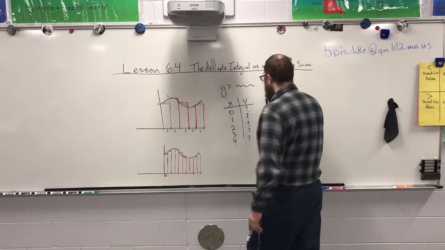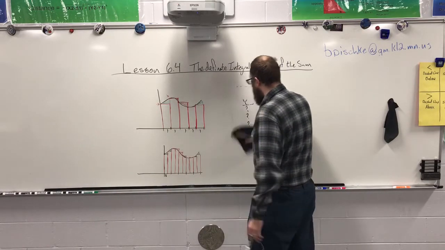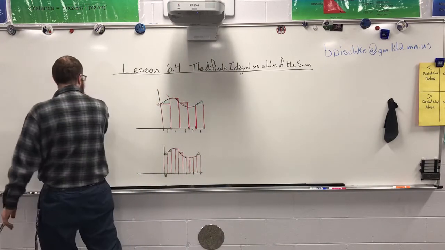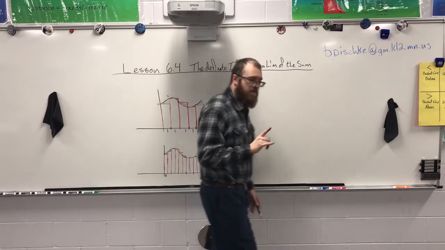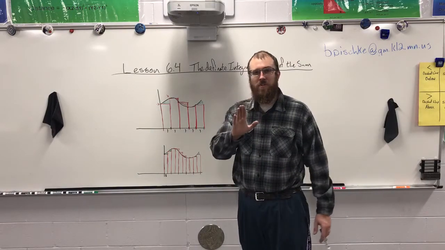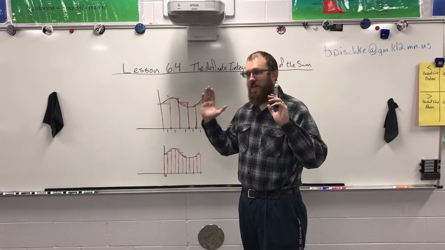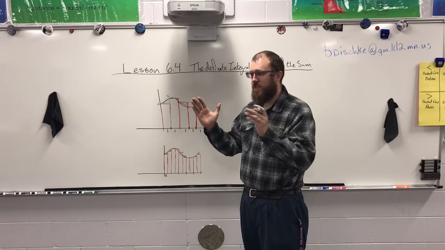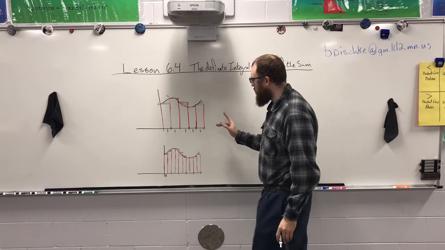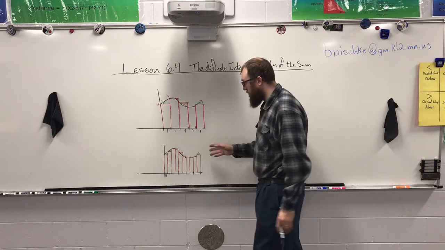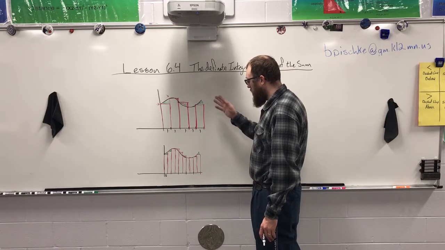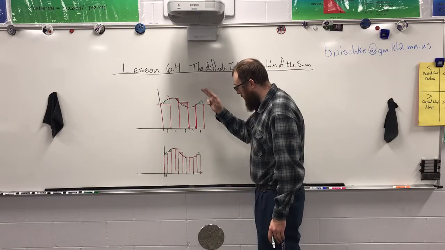And so what Newton and Leibniz were able to do at this point in time was say, what if we shrunk the rectangles down to basically lines? Just like when we were doing our secant lines and we sucked them in until they were tangent lines. What if we shrunk these rectangles down so that basically every rectangle was just a line?